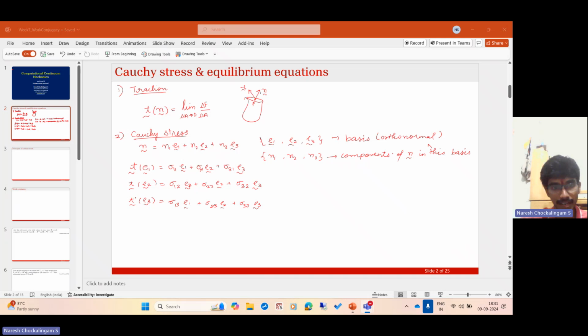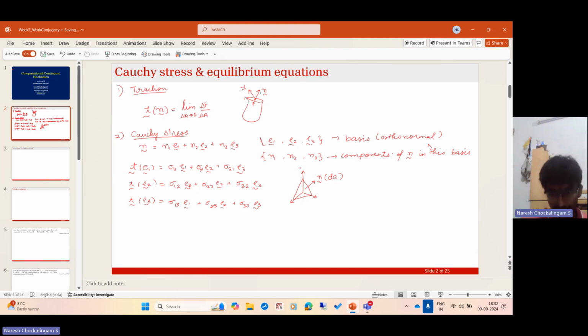Proceeding this way, we establish the equilibrium for an elemental tetrahedron located at the origin. Consider an elemental tetrahedron whose three faces are oriented along the coordinate planes, and the other face has a normal n with an area dA.